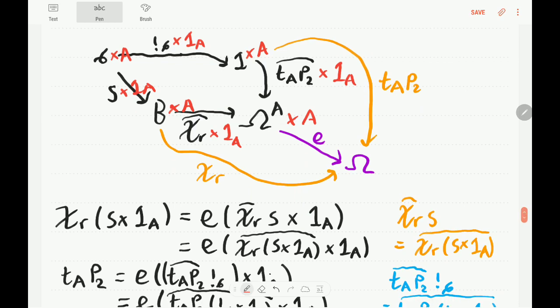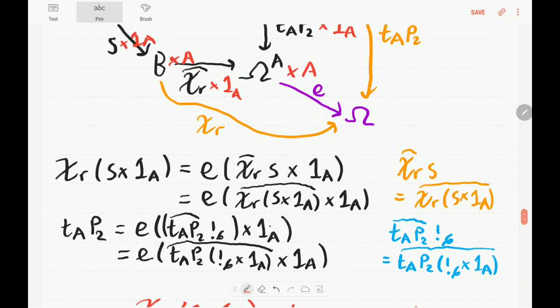And doing exactly the same kind of trick over here with the name of TA stuff, we get that the transpose of TA after P2 all after exclamation mark zeta is equal to TA P2 exclamation mark zeta times 1A all transposed.